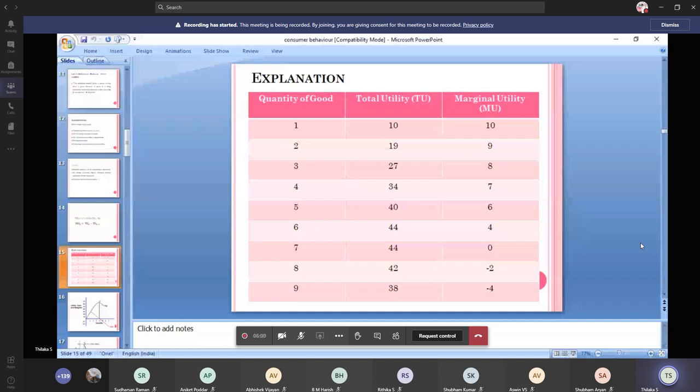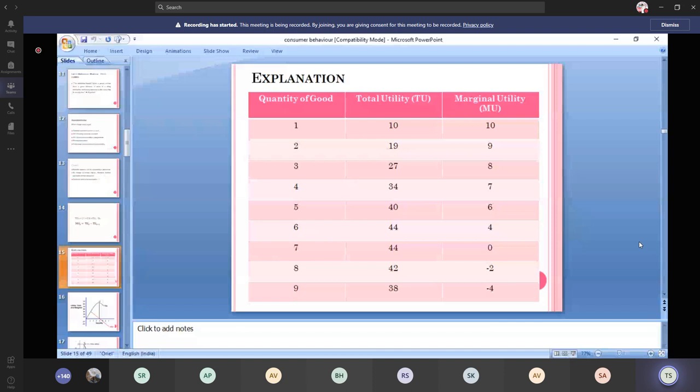Okay, so in this table we have 3 columns which say about the quantities and the total and the marginal utilities. In this example, which was in the table, the consumer consumes 9 units continuously, because the statement itself says the consumer has to consume the commodity continuously without any break.